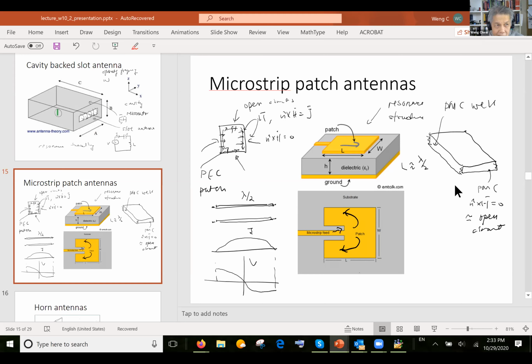Very much like a cavity backslot antenna. But then L being lambda over 2 is not very good, and of course you'd like to make this antenna as small as possible. One way to make it small is to have the antenna being fed like this. Then you're forcing the current to go through a tortuous path.